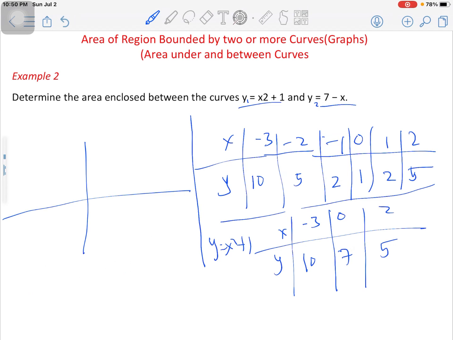So the first one is 2 and the second one is negative 3. Assuming here is my negative 3 and here is 2.